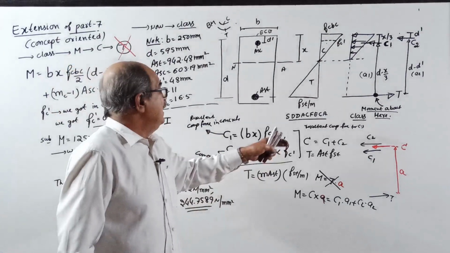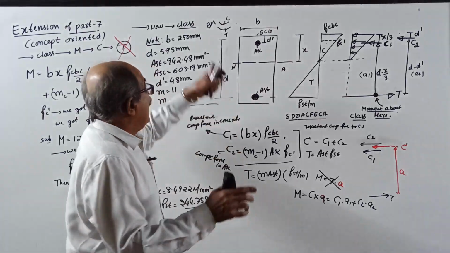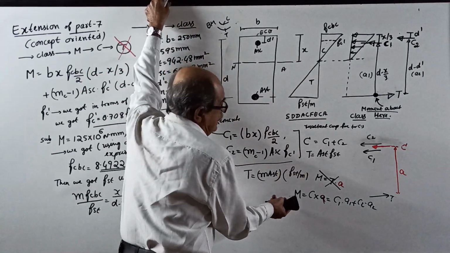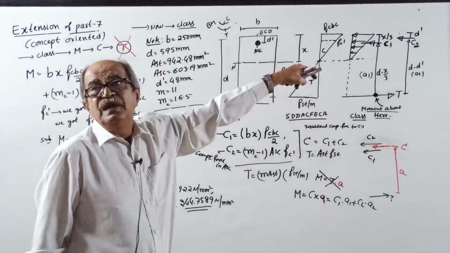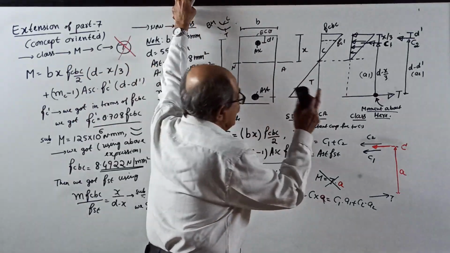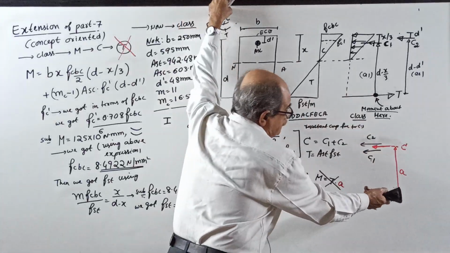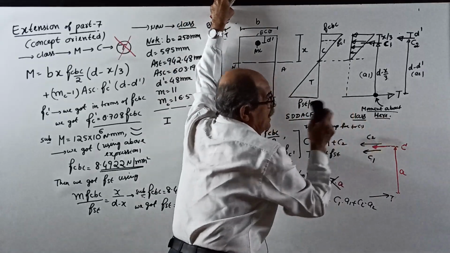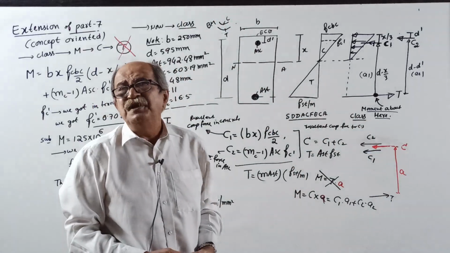But remember, writing the expression for M in terms of compression is easier. Writing the expression for M in terms of tension means you take moment about this point. It is a lengthy one.